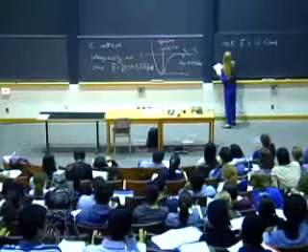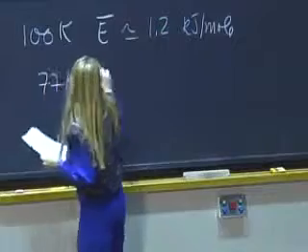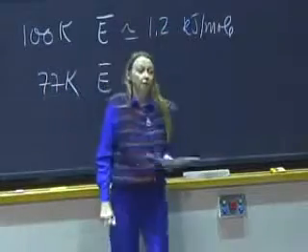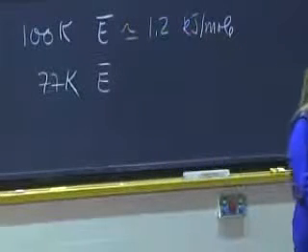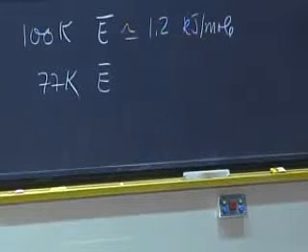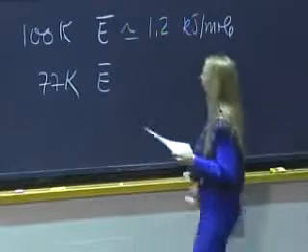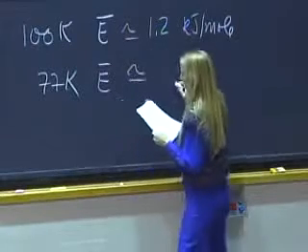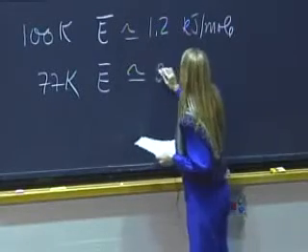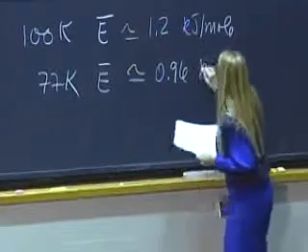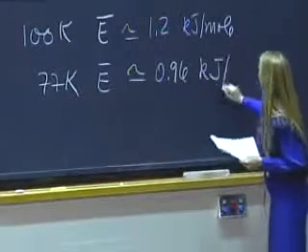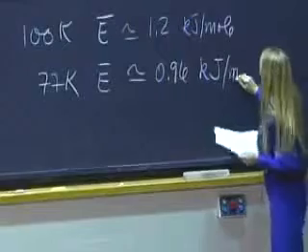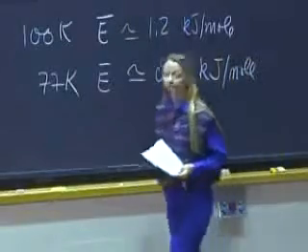And then, say we lower the temperature to 77 degrees Kelvin. 77 degrees Kelvin is actually the boiling point of nitrogen. That's how you make liquid nitrogen, 77 degrees Kelvin. At 77 degrees Kelvin, the kinetic energy is 0.96 kilojoules per mole.